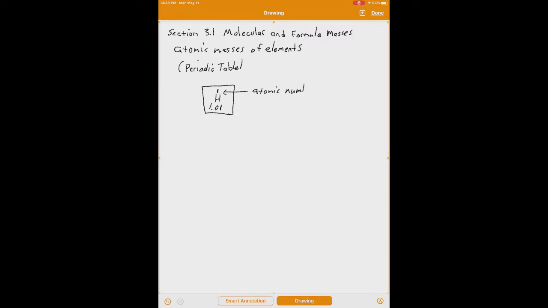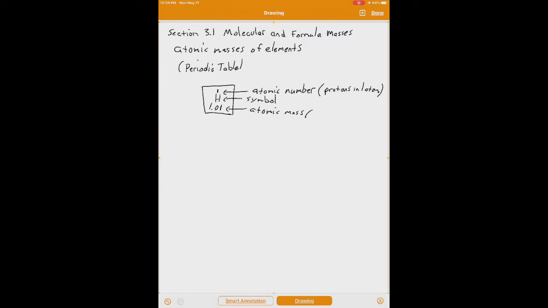Remember, this is the number of protons in one atom of hydrogen. So one atom of hydrogen has one proton in its nucleus. This is the symbol for the element. And this below here, this is what we're talking about in this section, is the atomic mass.